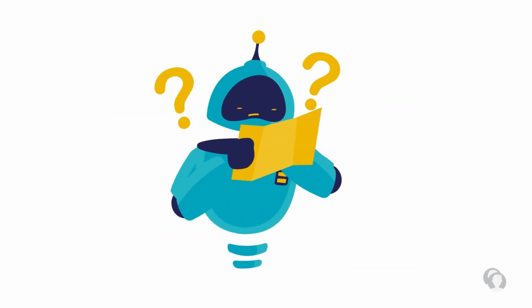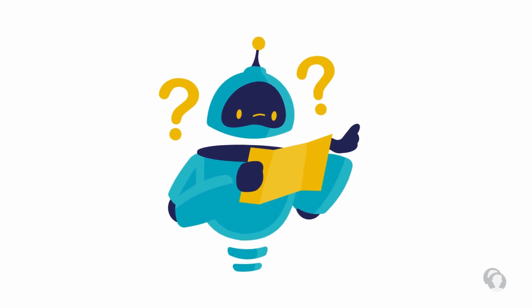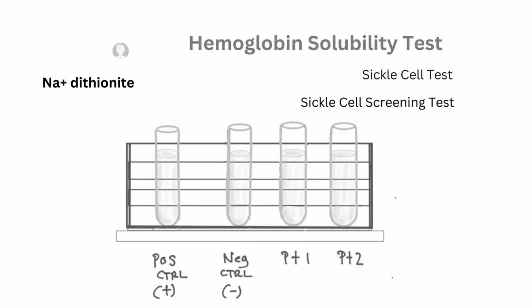What other lab tests may help support the diagnosis of sickle cell anemia? The hemoglobin solubility test is also known as the sickle cell test, also known as a sickle cell screening test. And here you use sodium dithionite buffer as a reagent.